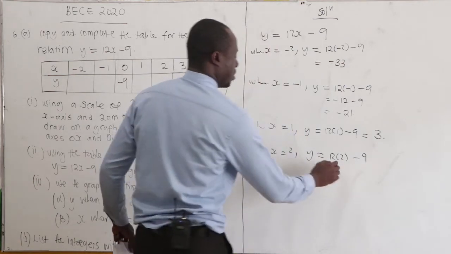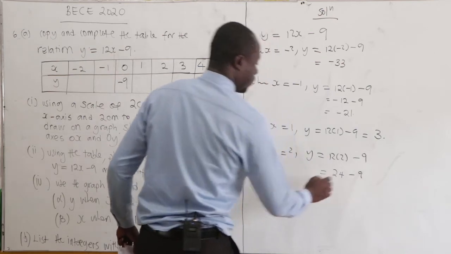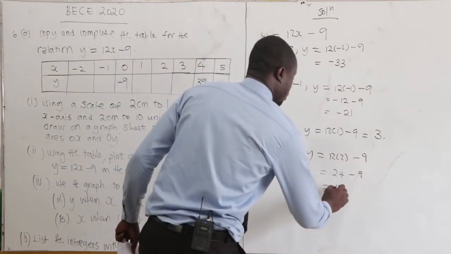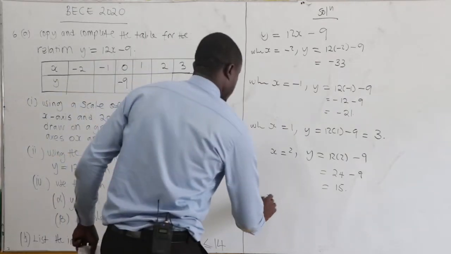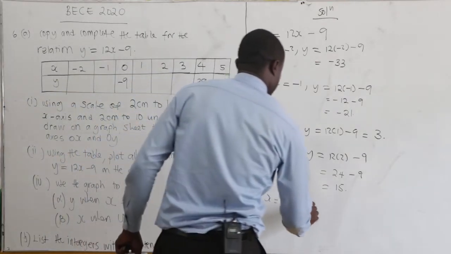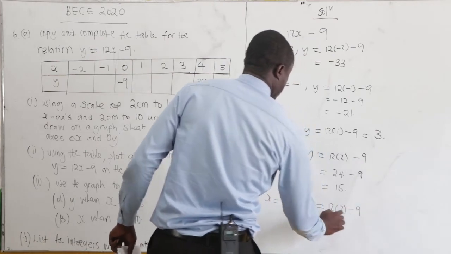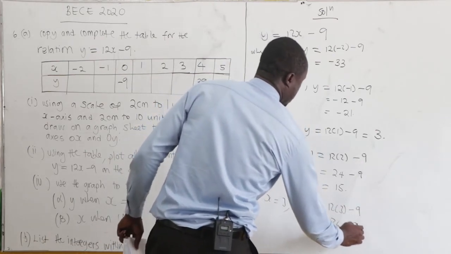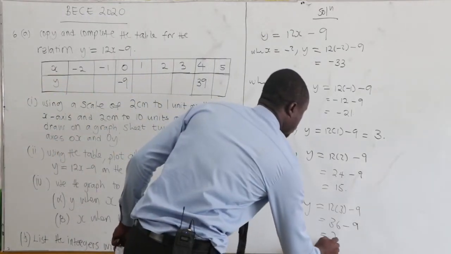That is 24 minus 9, and 24 minus 9 is just 15. Now when x is 3, we have y equal to 12 times 3 minus 9. 12 times 3 is 36 minus 9, and this is just 27.